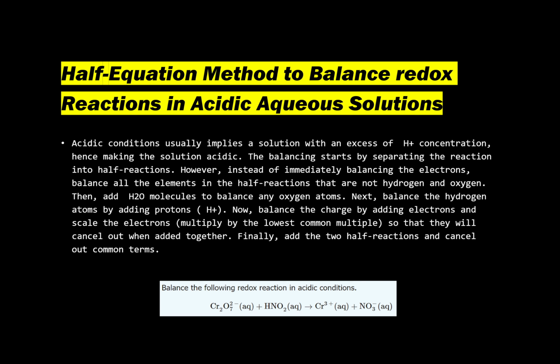Then we add water molecules to balance any oxygen atoms. Next, we balance the hydrogens with protons, and then we balance by scaling electrons, and then cancel, then add the two reactions. So there are no extra steps, and we're going to go through it in depth.